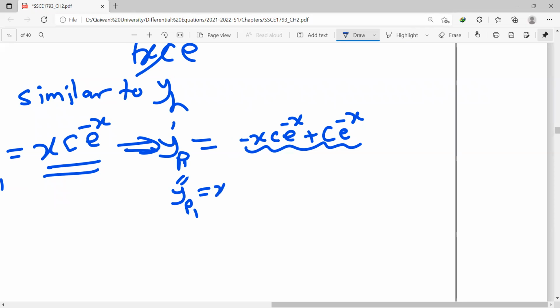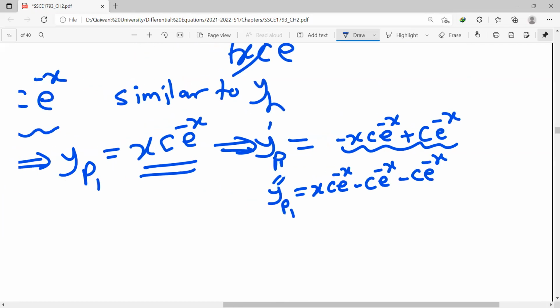We get x c e to the power minus x minus c e to the power minus x. Then here we get minus c e to the power minus x. This is the derivative of that one. The last term, the third term, is the derivative of the second term of the above one. Now we have both the first and second derivatives.